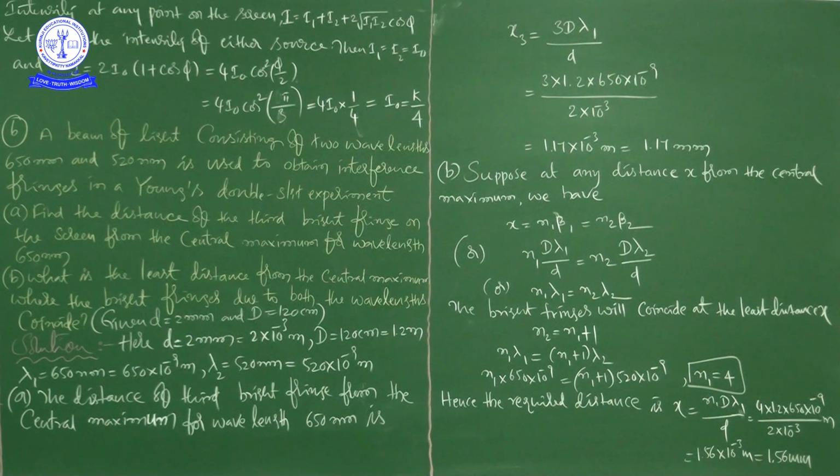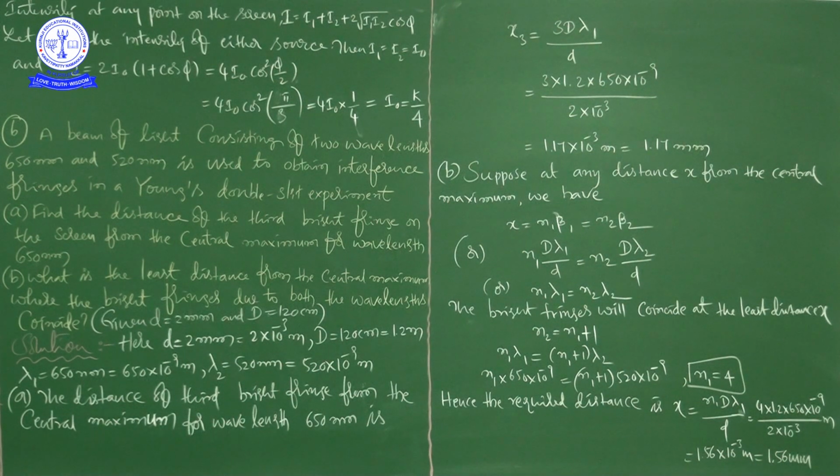So the required distance x is, by the general formula, x is equal to N1 into capital D into lambda 1 divided by small d, that is equal to 4 into 1.2 into 650 into 10 to the power of minus 9 divided by 2 into 10 to the power of minus 3, in meters. Then finally complete this calculation.